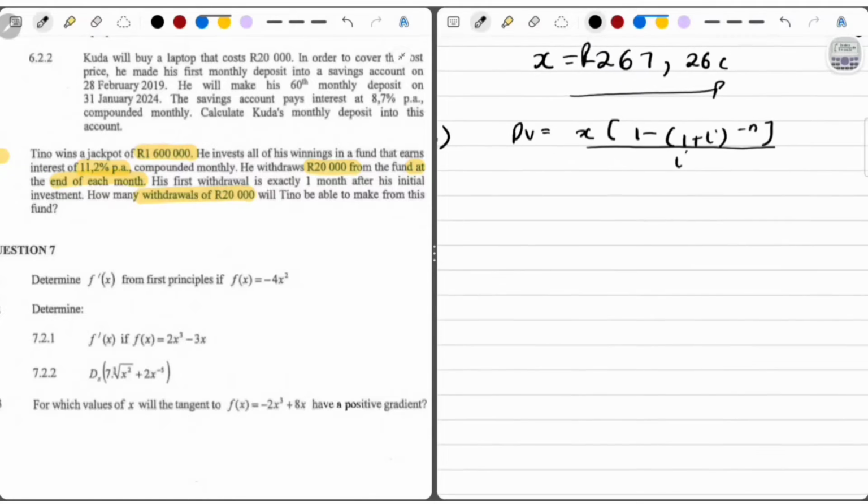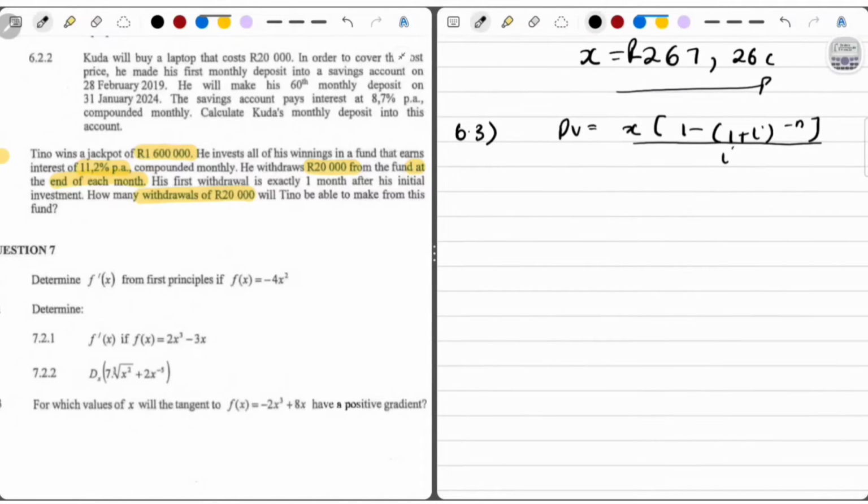Okay, so this is what we have. The present value, the money that the bank currently will owe Tino if he invests the money, is 1,600,000 Rand. Then the x value is really the amount that Tino is going to withdraw every month, which is 20,000 Rand, right?